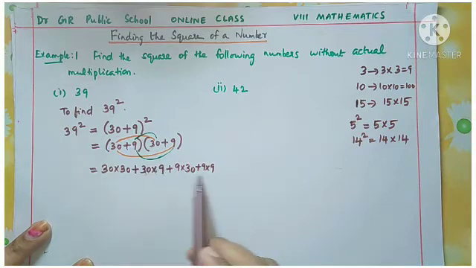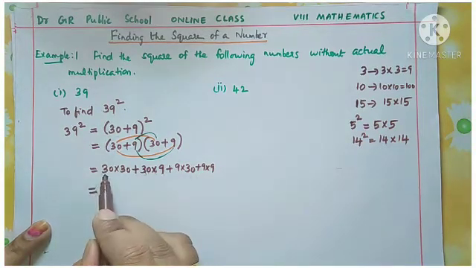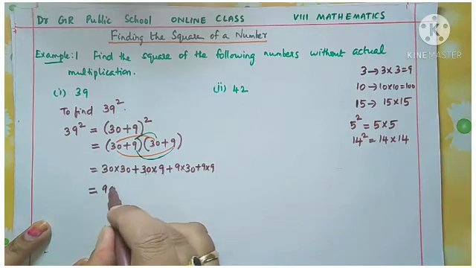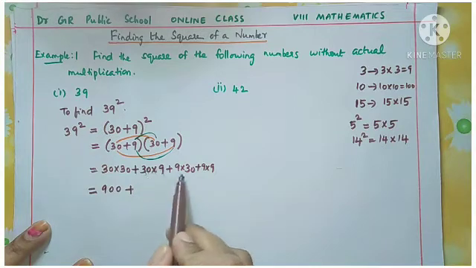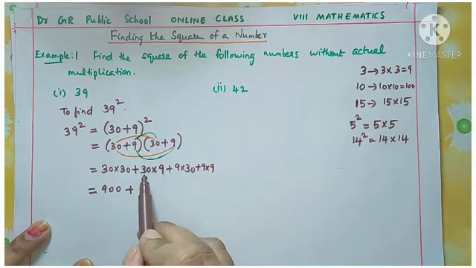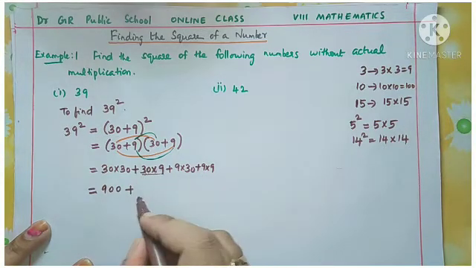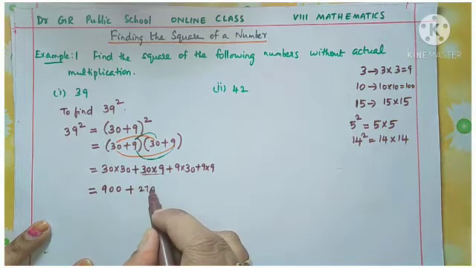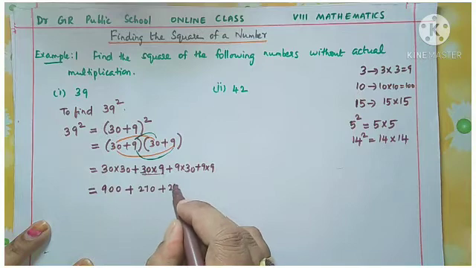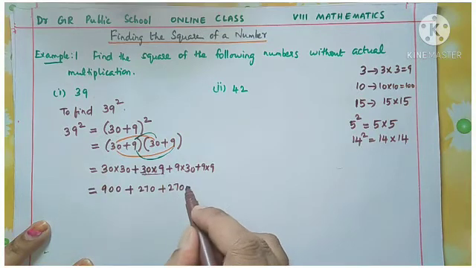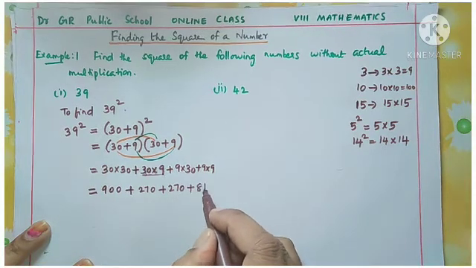Now this is the ordinary multiplication. 30 into 30 is 900, plus. You need to multiply first; before addition you do the multiplication. Then 30 into 9, 270. 9 into 30, that is also 270, plus 9 into 9, 81.